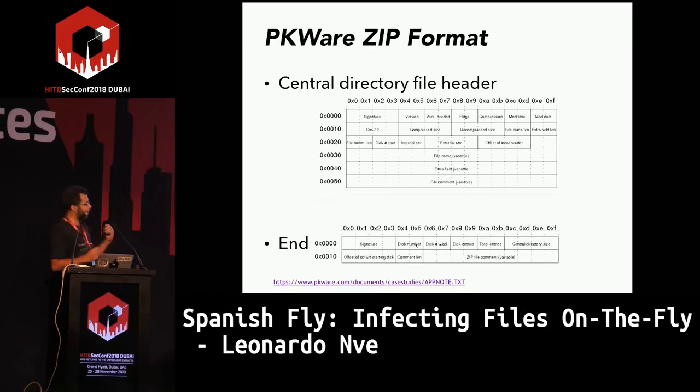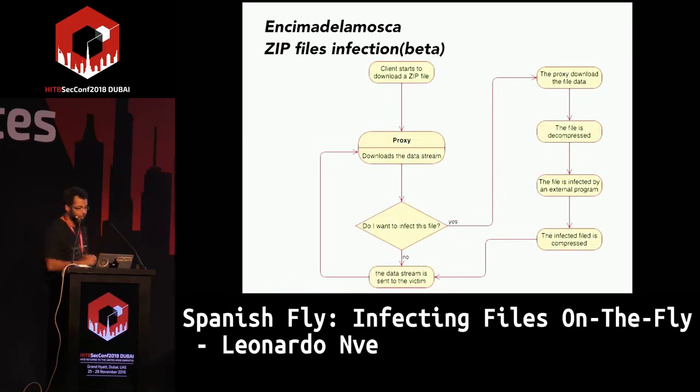Here, to infect zip files, we are going to take advantage of that. The first thing you see is the file name and the size of the file. So when you start to download the data stream of a zip file, you can first see the name of the file you are going to download. So to infect that, the client starts to download a zip file.